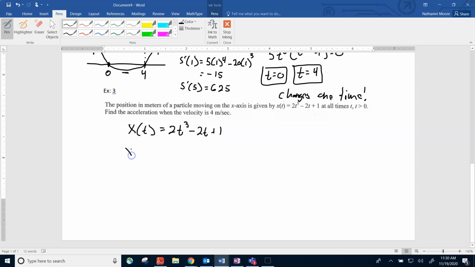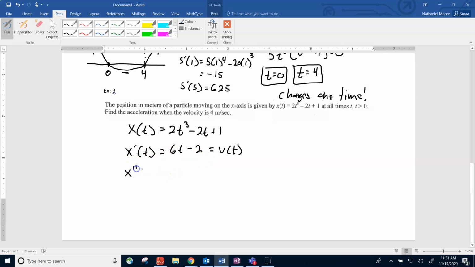To find our velocity, we have to take the derivative. So let's take the derivative of this, which will be 6t to the power 2 minus 2. So this is our velocity. We can also think about this as our v of t. To find our acceleration, we have to take the second derivative.